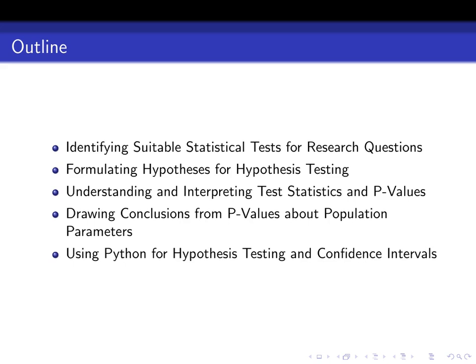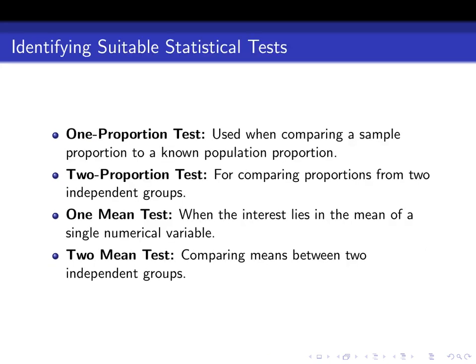Our outline includes identifying suitable statistical tests for research questions, formulating hypotheses for hypothesis testing, understanding and interpreting test statistics and p-values, drawing conclusions from p-values about population parameters, and finally, how to use Python for hypothesis testing and constructing confidence intervals.